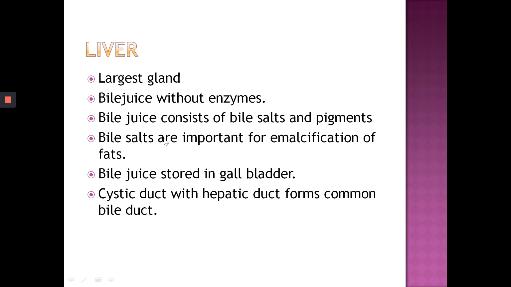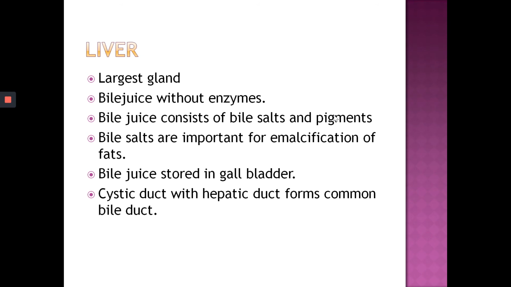Next, bile juice. What does bile juice contain? Bile salts and bile pigments. Bile salts are sodium and potassium taurocholates, and bile pigments are bilirubin and biliverdin.